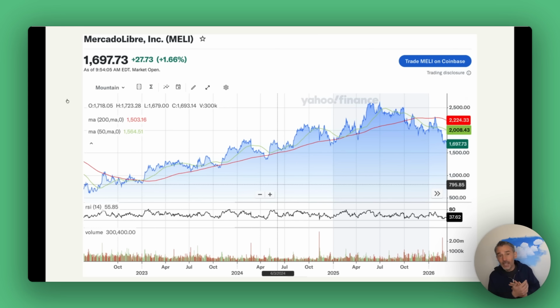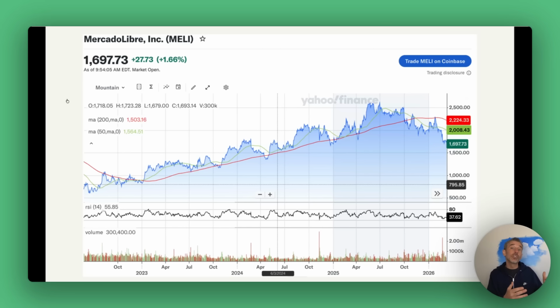Now, that being said, I am waiting right now to add to my Mercado Libre shares because the market doesn't like what's happening. We are now under the 200-day moving average, a falling 200-day moving average and 50-day moving average, primarily because investors are worried about encroachment from competition, particularly Sea Limited and Amazon, and they're worried about the company's lending.